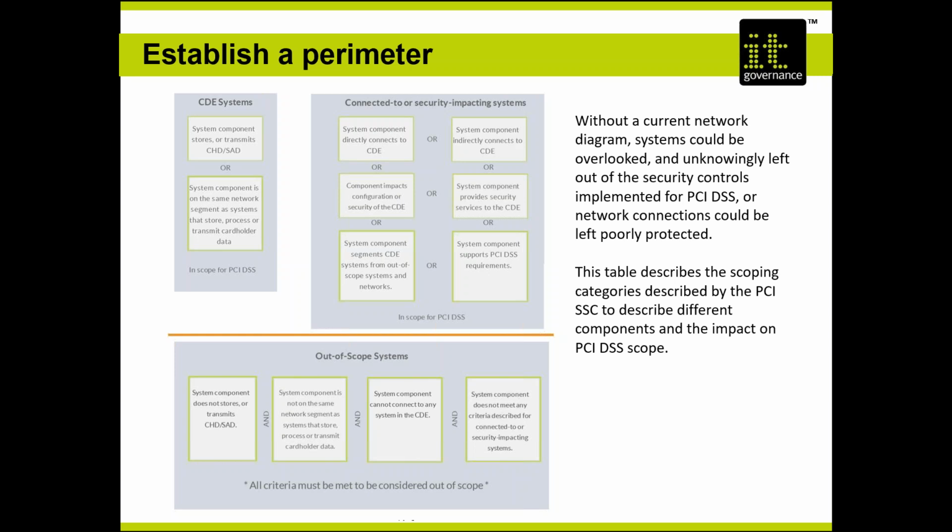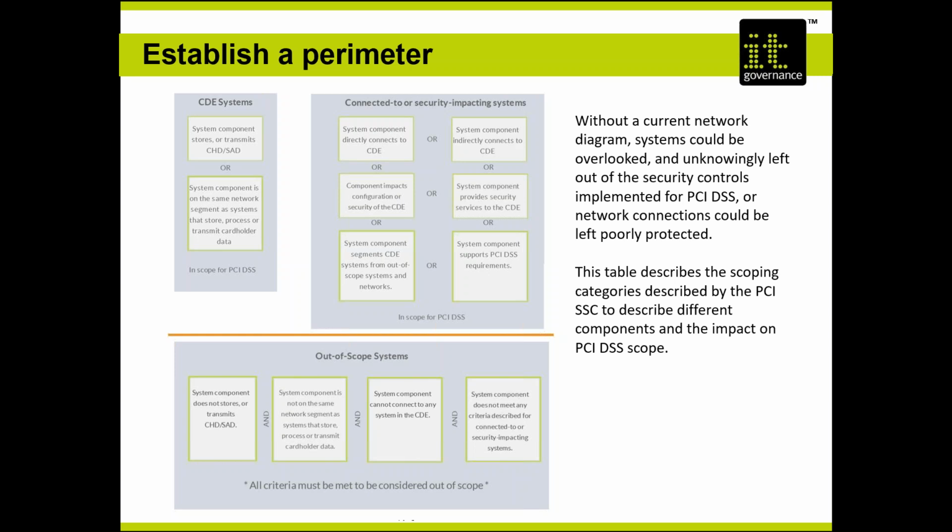Obviously, if it's a people process, then that doesn't make a huge amount of sense, but you're going to be able to follow that through and map it onto either the physical process. And if you're dealing with e-commerce or systems that are handling cardholder data, you're going to be talking to your IT departments because they're best placed to help you create the diagrams. And it should map out the entire IT infrastructure and any external connections.